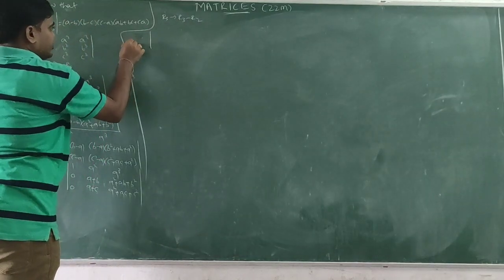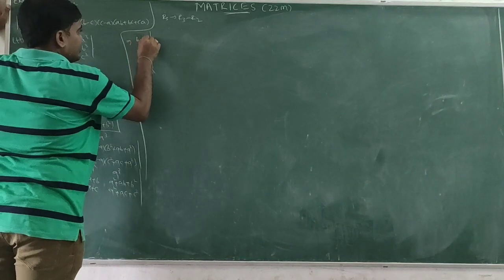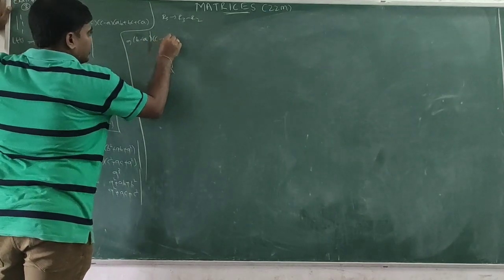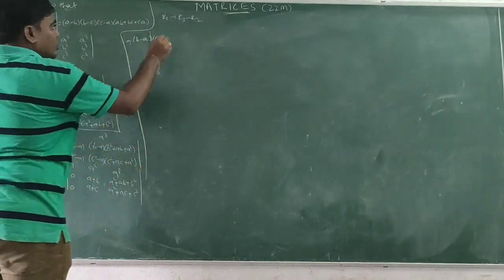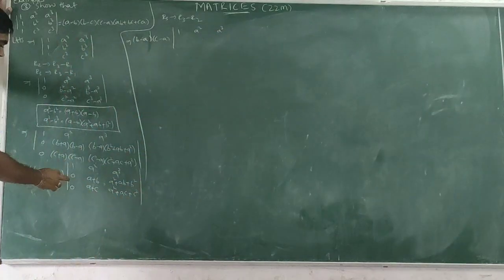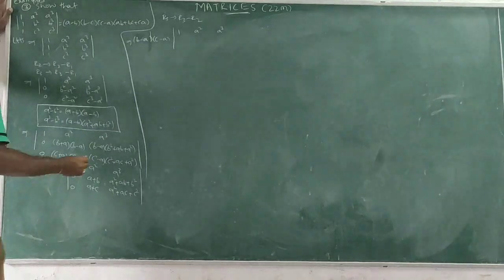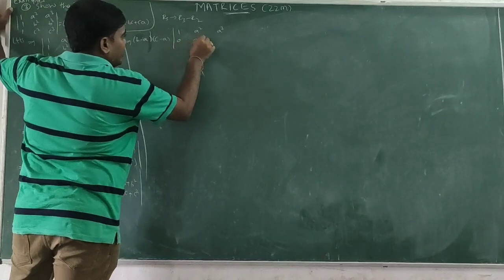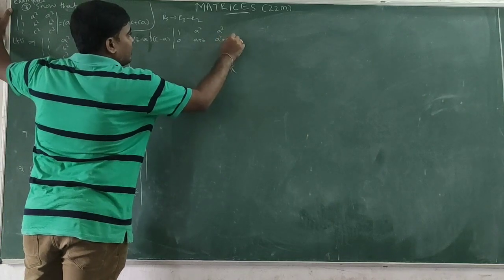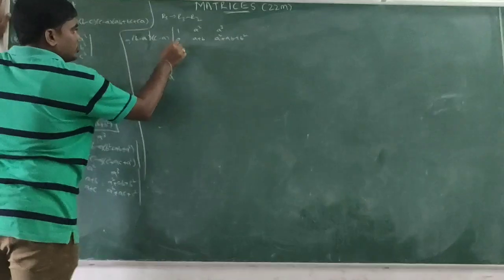First, already b minus a, c minus a. Now row 1: 1, a square, a cube. Next row 2 is also the same: 0, a plus b, a square plus ab plus b square. We are changing only R3: 0 minus 0 is 0.